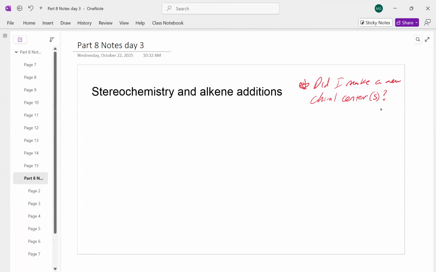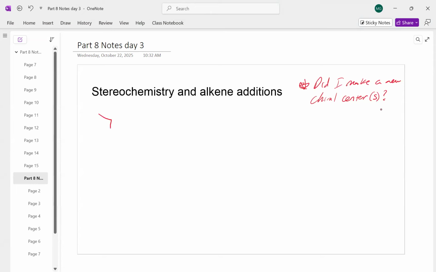I'm going to break up the electrophiles we've been talking about into two categories: the ones that would, for example, follow Markovnikov's or anti-Markovnikov's rule versus those reactions that did syn or anti addition. So pretty much breaking them up into things that went through carbocations or those things that don't.